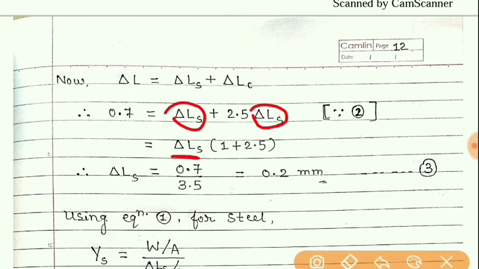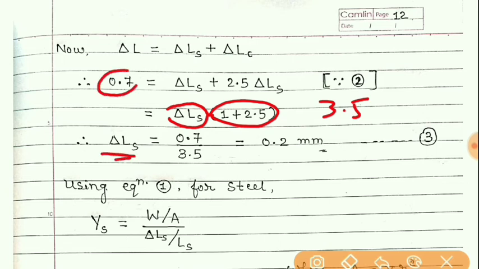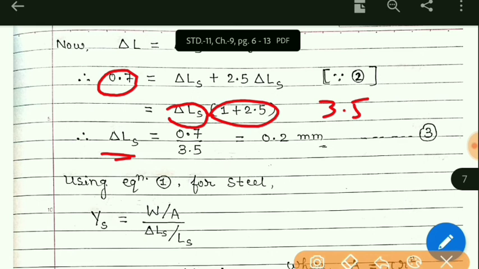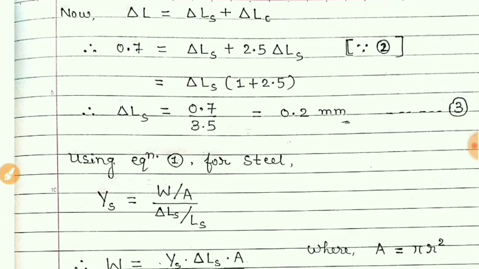What remains? 1 plus 2.5, and 1 plus 2.5 is 3.5. So making delta LS the subject, we get 0.7 upon 3.5.